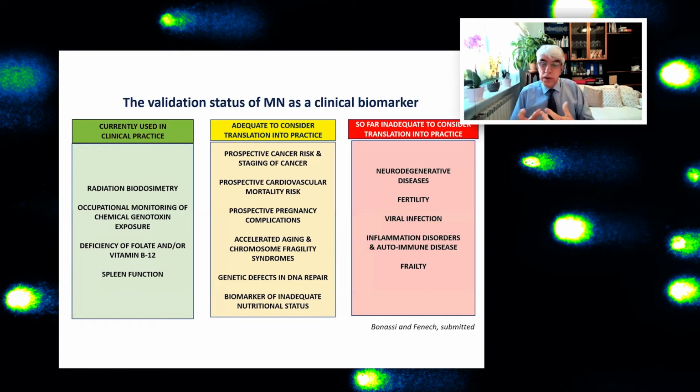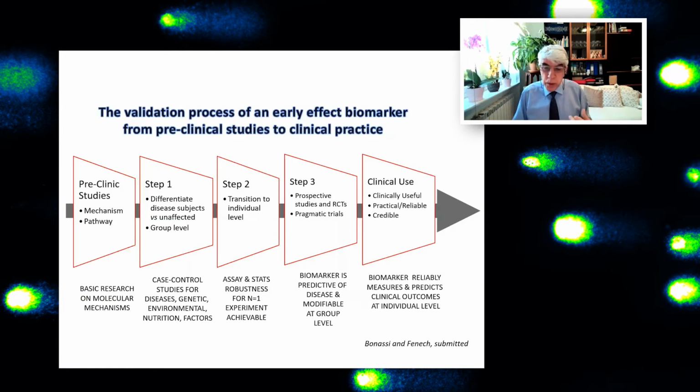So what could be the roadmap to move from preclinical studies, from the evidence we have so far, and to design studies to validate this biomarker in a strong way so that it can be used for clinical practice?